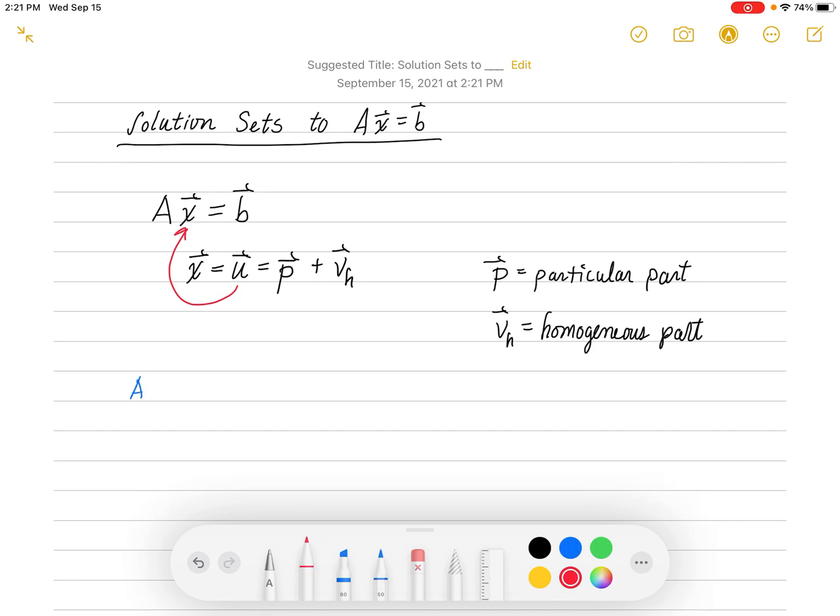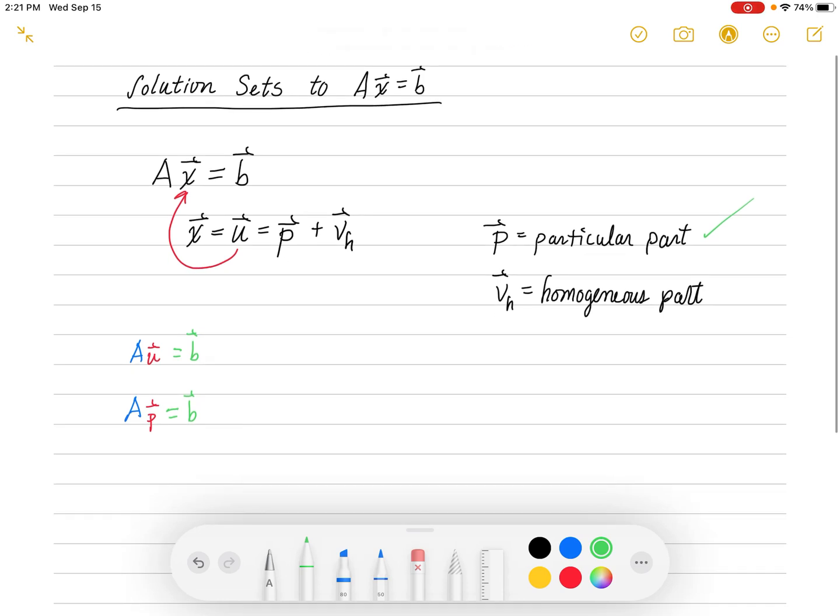So we get that A times U gives me B. But also when I plug in the particular part, P, I'll also get B. So the particular part of U works for AX equals B.